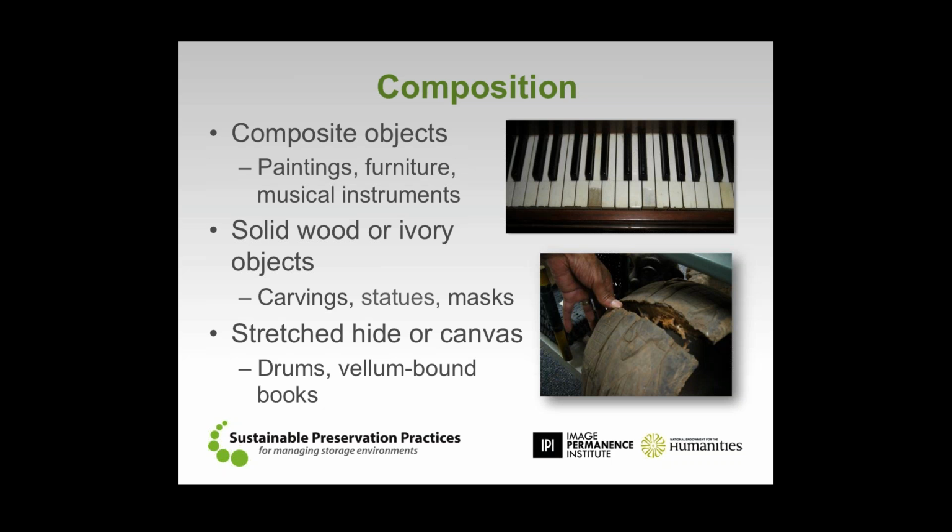Anything that is solid wood or ivory, where we have a large material that maybe doesn't have a good place to relieve stress, as we see that expand and contract with moisture content, it's going to choose the weakest part along that construction to fail oftentimes. We may see it in the case of this drum here in the lower right, but also when we look at carvings and think about why they fail and where they fail.